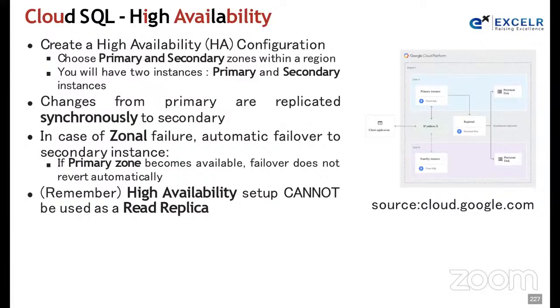And whenever there is a failure of your primary database, you can automatically fail over to the secondary without needing any changes. A high availability setup cannot be used as a read replica, because in that case your read and write operations are done from the primary.